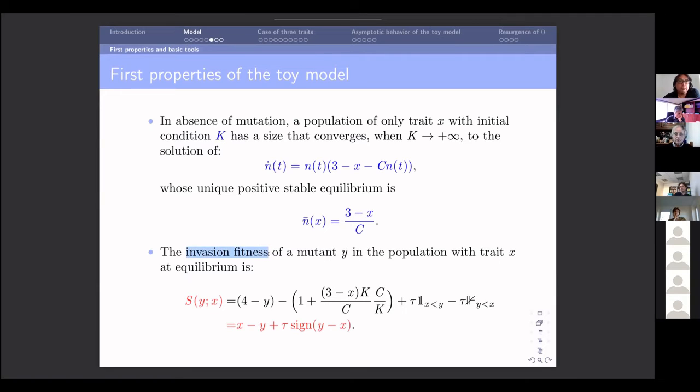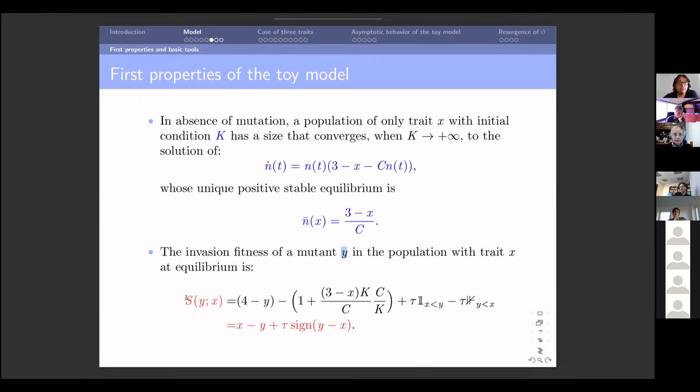Now another notation is the invasion fitness. So what is the invasion fitness? I assume that I have a population X at equilibrium, with this density, and I add a single mutant individual with trait Y. I want to look at its growth rate, meaning birth rate minus death rate.